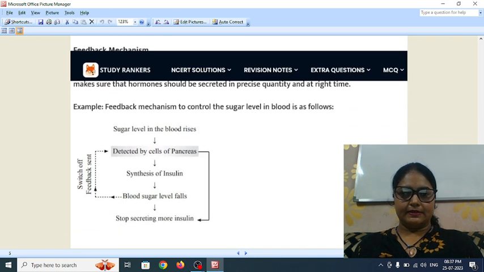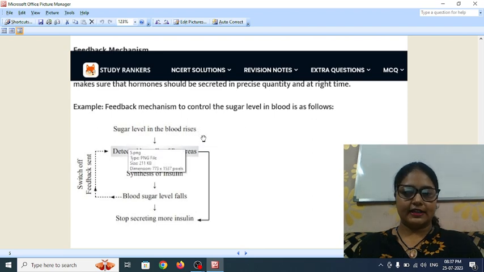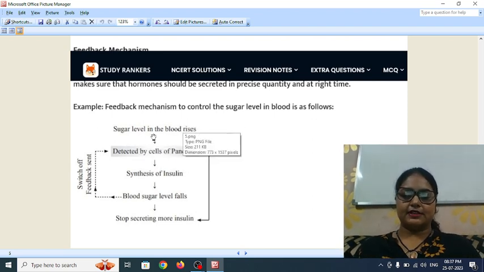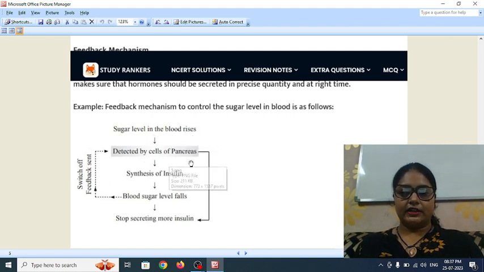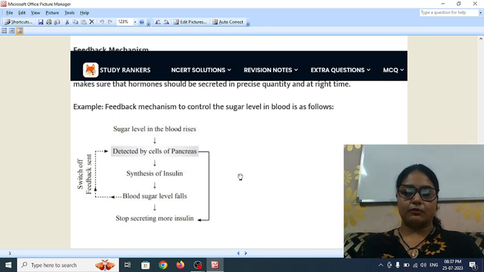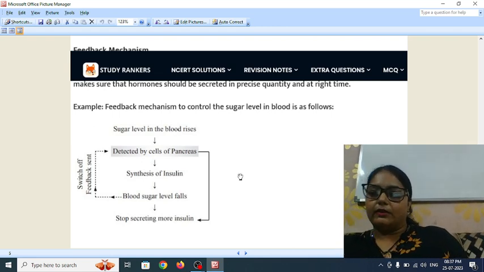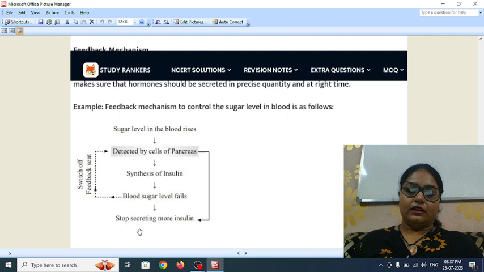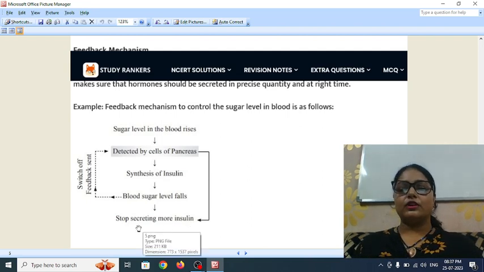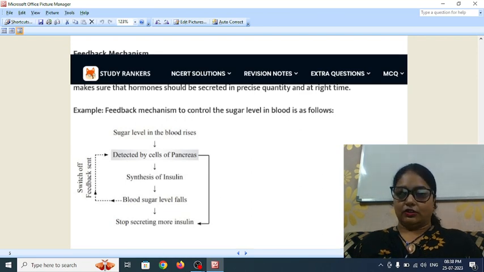Now, the feedback mechanism to control the blood sugar level is as follows. When the sugar level in the body rises, first we have to discuss that the sugar level increases in the blood and is detected by the cells. The pancreas will detect this and synthesize the insulin hormone, and the insulin hormone makes the blood sugar level fall. Then it stops secreting the insulin hormone, because increase or decrease in blood sugar level both cause diabetes.